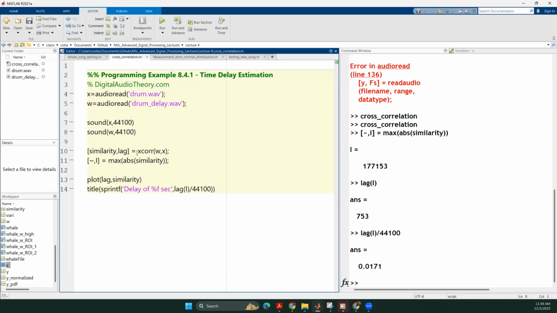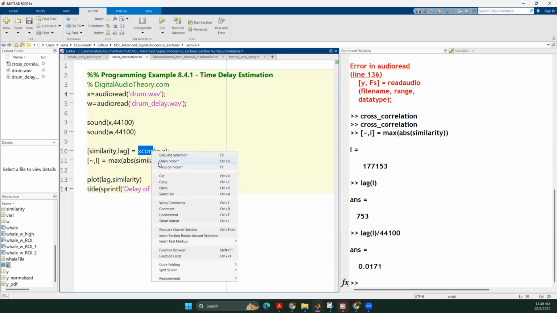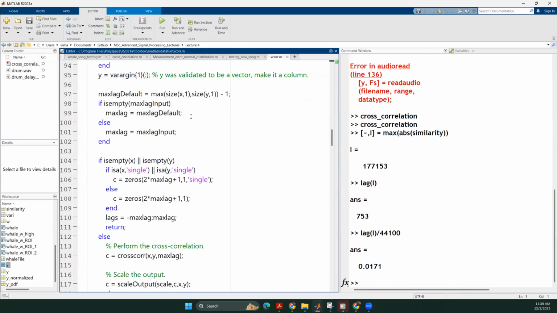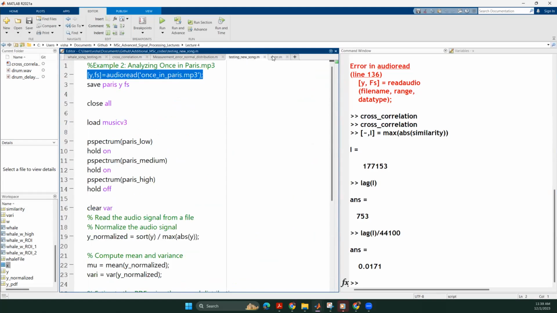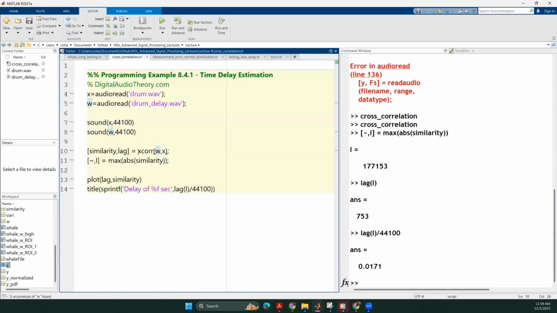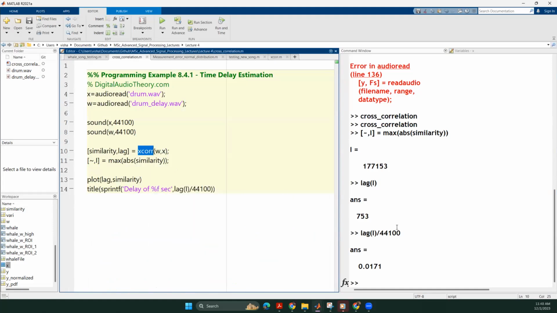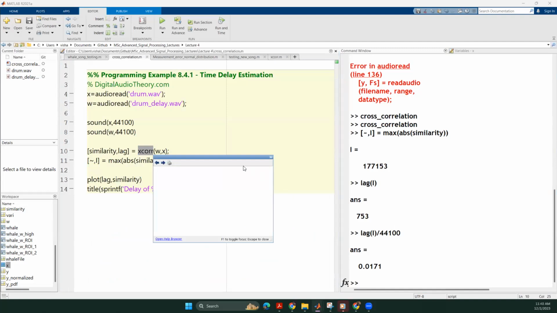If you want to know more about the xcorr function, you can go to the MathWorks website and type xcorr, and you can find the definition in the documentation, or see its definition as code in the MATLAB scripts.